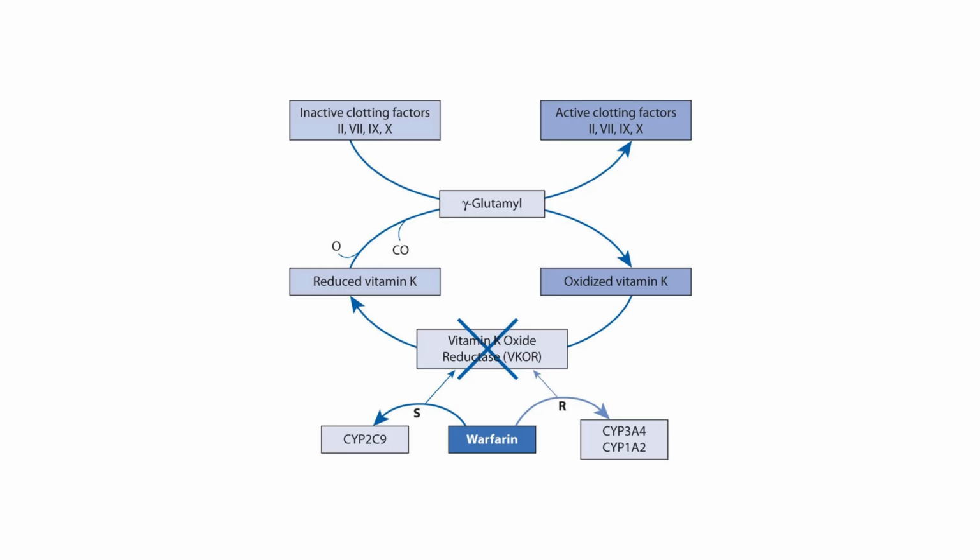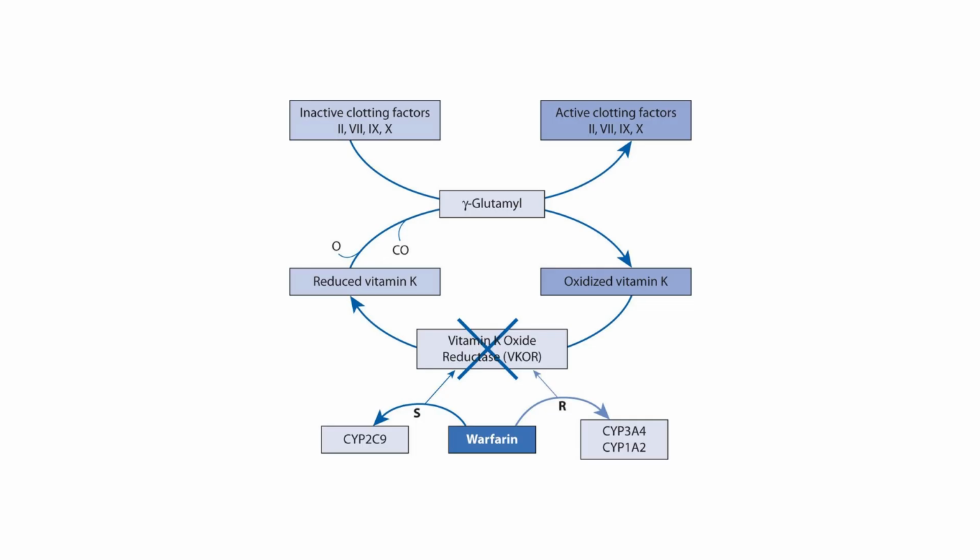Let's begin from the left side of this diagram. The liver synthesizes clotting factors 2, 7, 9 and 10 that you can see here in the diagram. However, immediately after synthesis, these clotting factors are inactive. Think of newly manufactured cars and we don't have the keys.